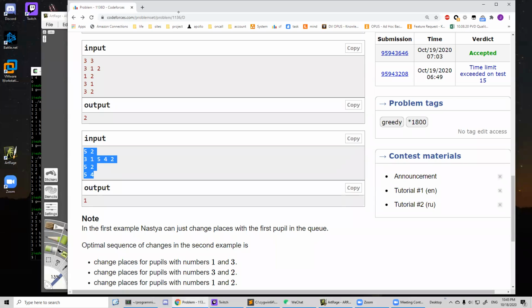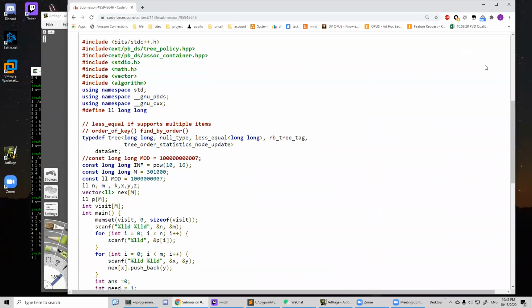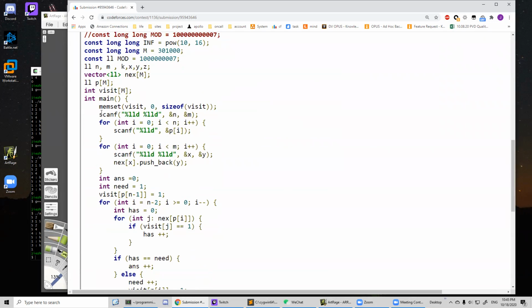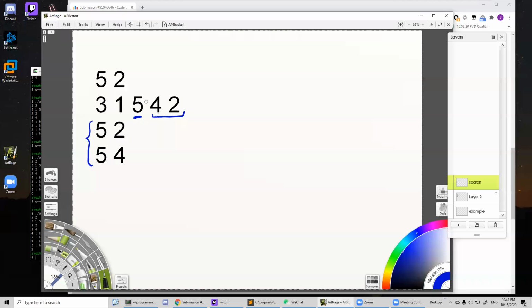Let's take a look at the code. So here is the code. We are going to have an array called visit to keep track of those digits we already visited and already know whether we can move it to the right of the last digit or not, right?